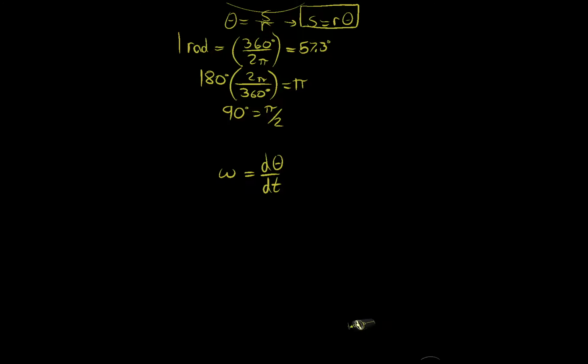With linear velocity, we denoted the direction of the velocity with a subscript, like v sub x. For angular velocity, the direction of the velocity is, it's kind of odd, along the axis of rotation, and it's governed by the right-hand rule.